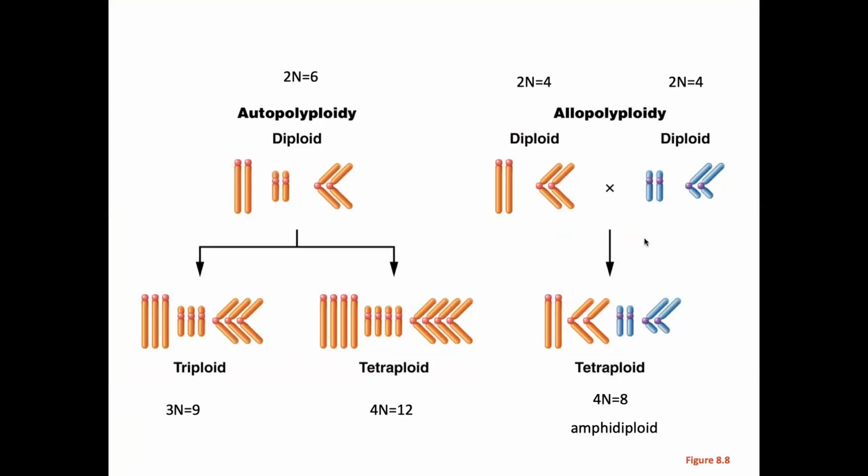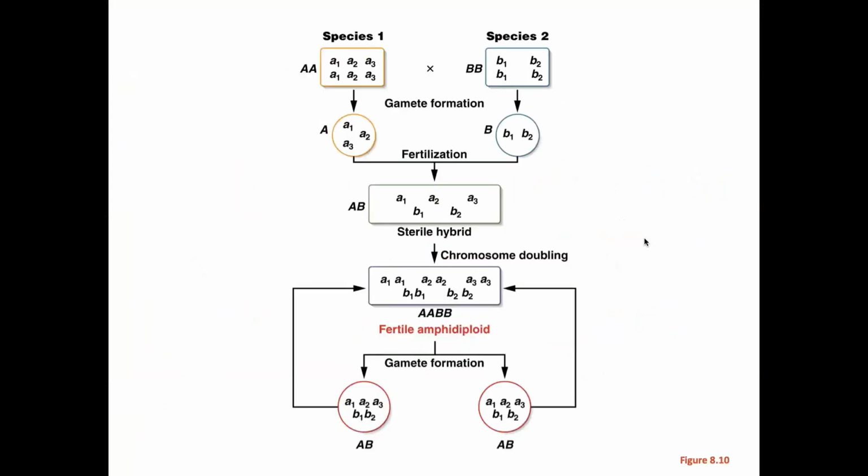So what are the details of this two-step process to create the allopolyploid derivative? So again, as I said, it's a two-step process, and this would be the hypothetical 2 steps involved. So again, in this example, species 1 is defined by a 2n of 6, 3 pairs of chromosomes within the genome.